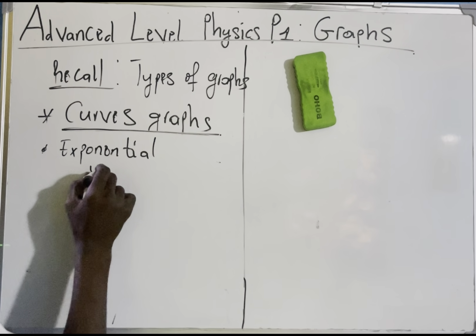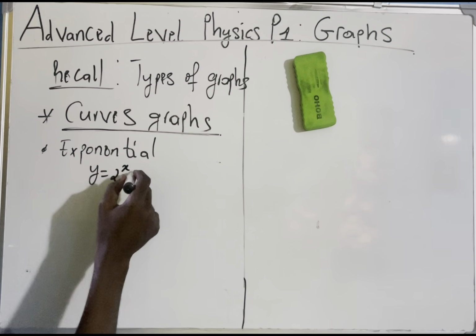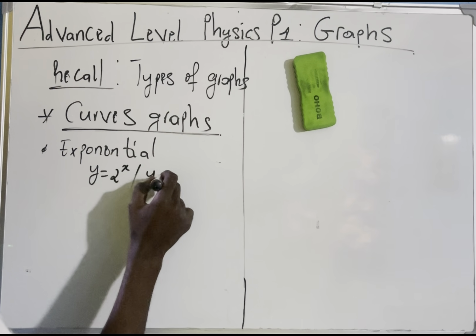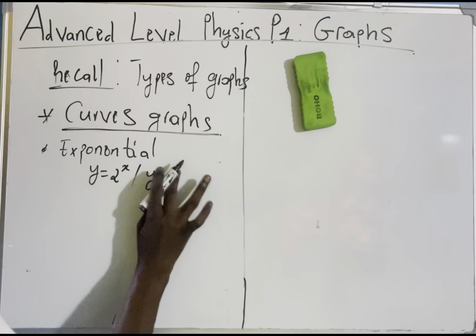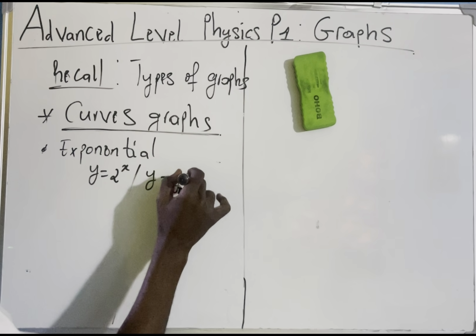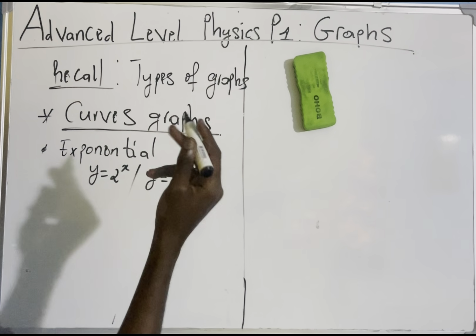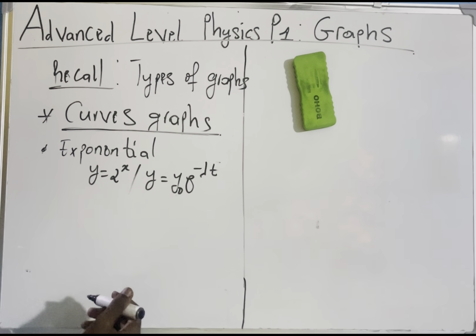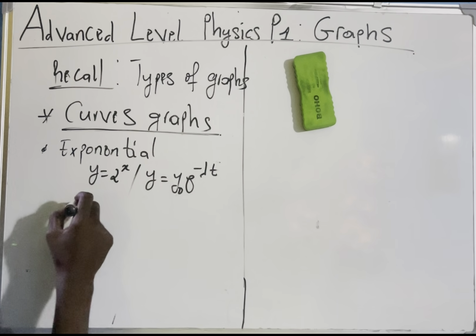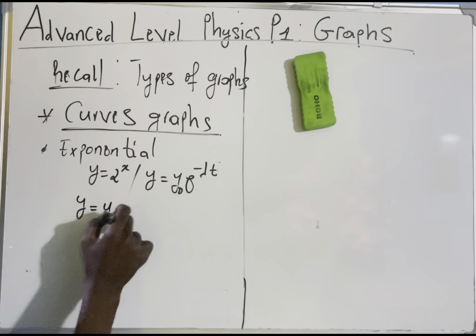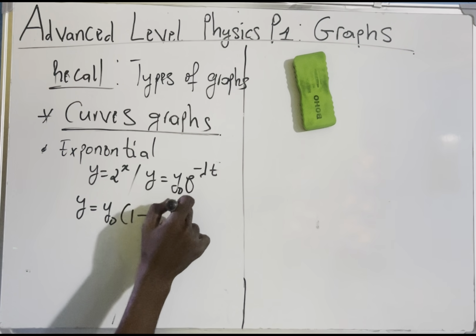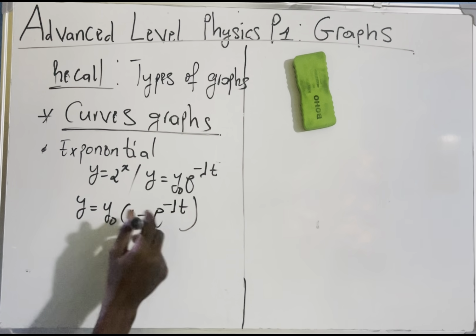So we can have maybe y equals 2 to the power x. That is the form of exponential. We can have y equals y0 exponential of negative lambda t. We know that this one is a decay curve. We can have y equals y0 into 1 minus e to the negative lambda t. This one is a charging curve.